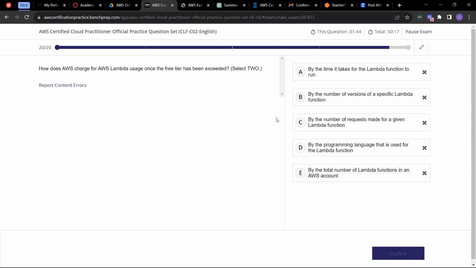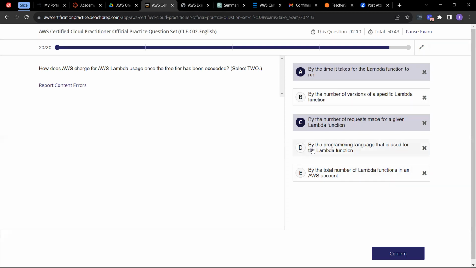According to AWS, you are charged for the time that the code runs, so the time it takes for the Lambda function to run, right? And then the number of requests made for a given Lambda function. B says the number of versions for a specific Lambda function. No, the versions don't count.